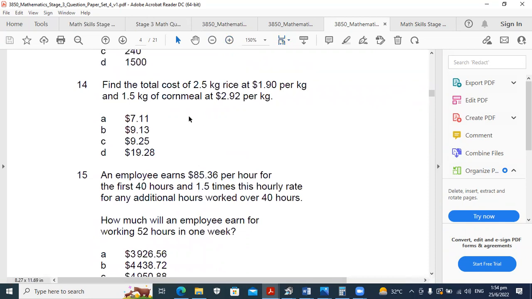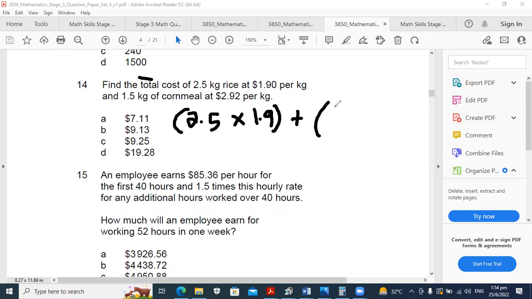By the way, 14 is the same set out. If you want to set out 14, it is still 2.5 times 1.9. But no, this is saying find the total. So you add 1.5 times 2.92.